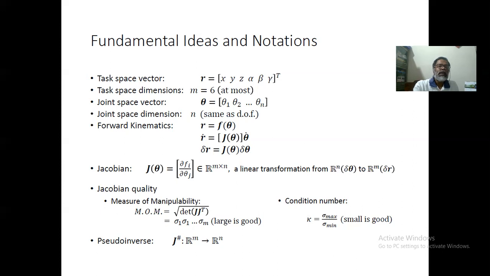Now, this is a rectangular matrix. So whenever you need its inverse, you don't get it, but you can work with an inverse kind of thing called pseudo inverse, which is denoted by J hash. Linear algebra will tell you what a pseudo inverse is.